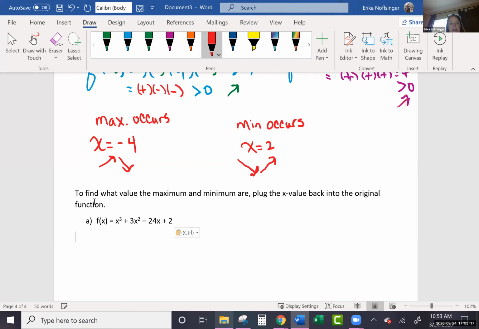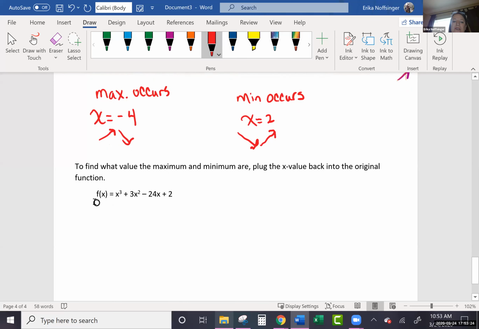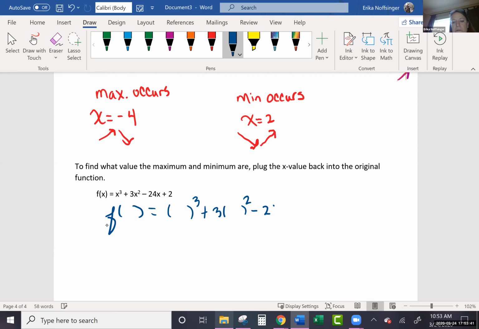So in our case, I just rewrote it there. f of x was this. So if I look at f of 4, this would equal 4 cubed plus 3 all times 4 squared minus 24 all times 4. And it's not 4, it's -4.